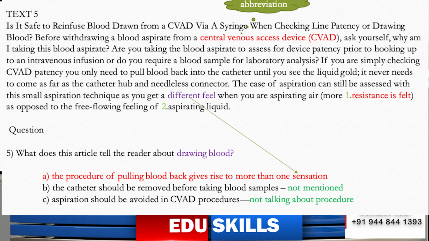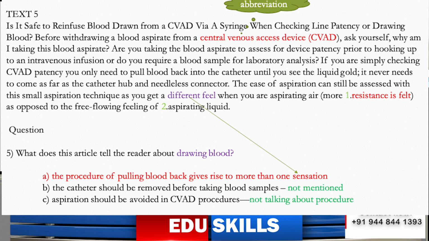Above, they are talking only about why we are doing this and for what purpose, asking yourself the question, but still there is no answer to our question. What does the article tell the reader about drawing blood? Okay, we have to ask ourselves the question. They did not give the answer. Then going down, they explain how to do the procedure.